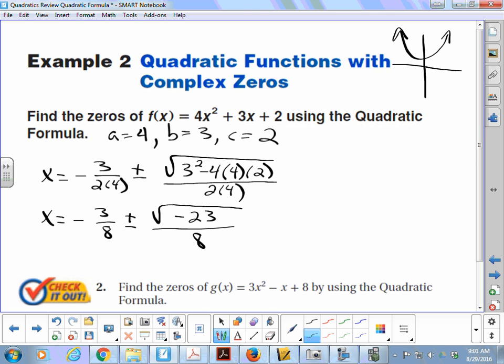What are we supposed to do there? Yep, we get i on the outside. So this is going to be negative 3/8 plus or minus, and now, whether you put the i in the front or the back doesn't really matter. So we'll put it in the back in this case. Square root of 23 over 8, and then i.